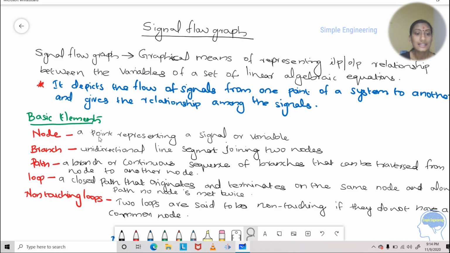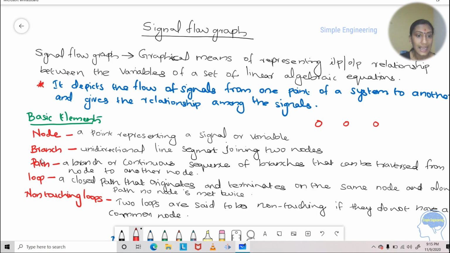Node means it is a point representing a signal or variable. So usually this will be represented like this, nodes, or we can say it is a point. So it will be like this. That is a point and it represents a signal or a variable.